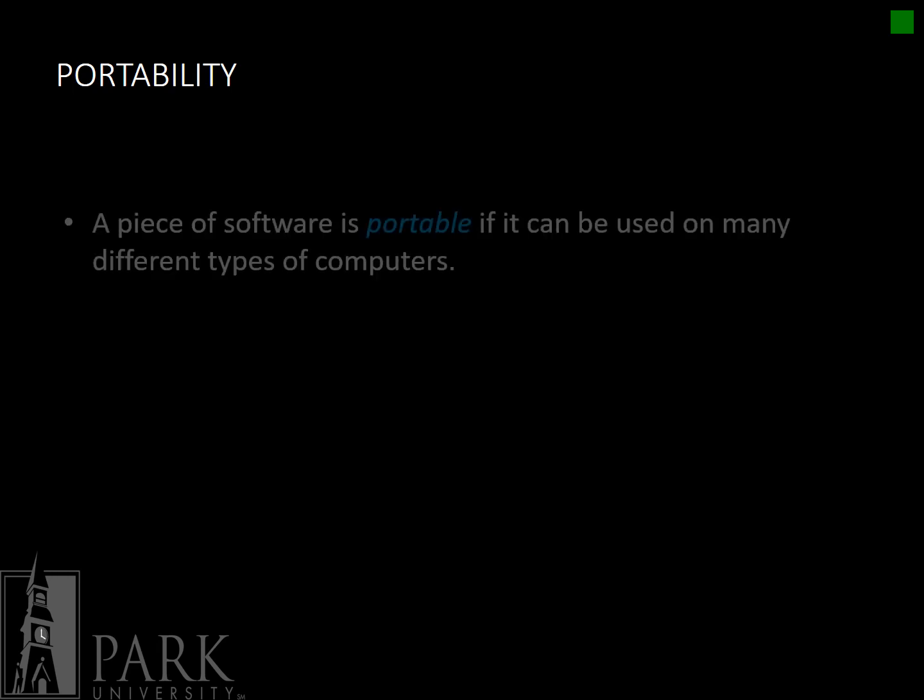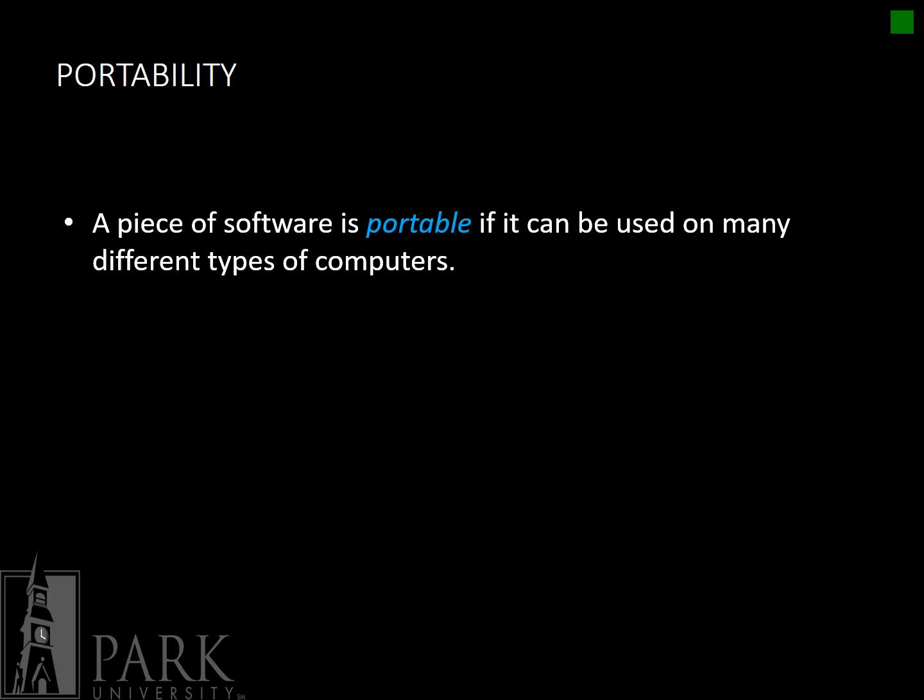We also need to talk a bit about portability. What is portability? Well, a piece of software is said to be portable if it can be used on many different types of computers. And as you know, with object code being comprised of binary format instructions, they have to be written specifically for a particular instruction set or a particular hardware realization.